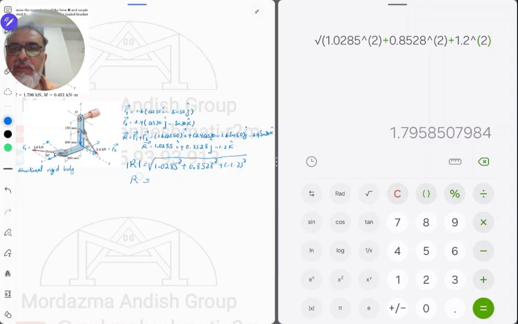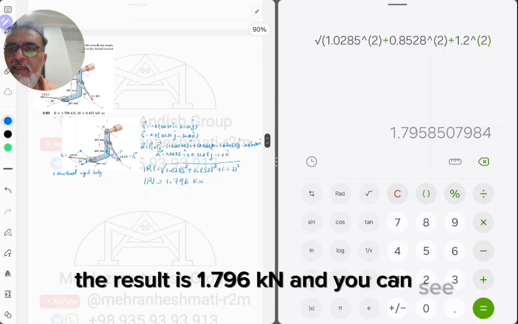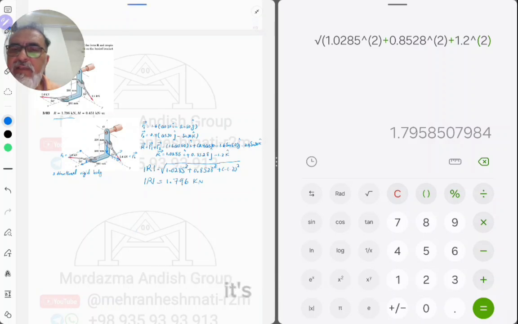The result is 1.796 kilonewton, and you can see it's okay.